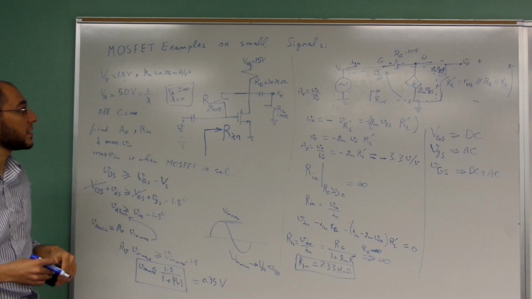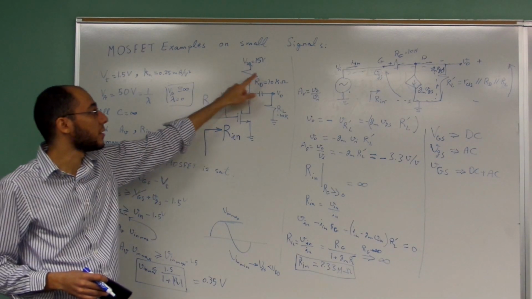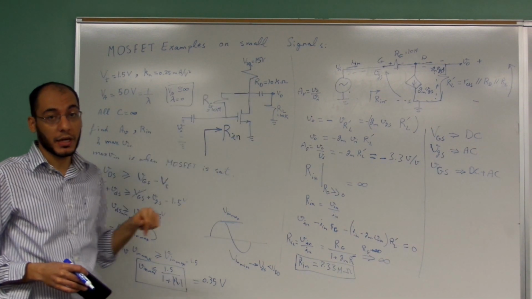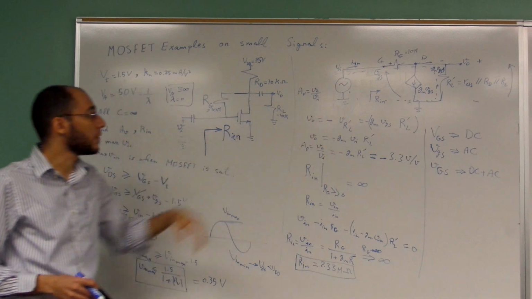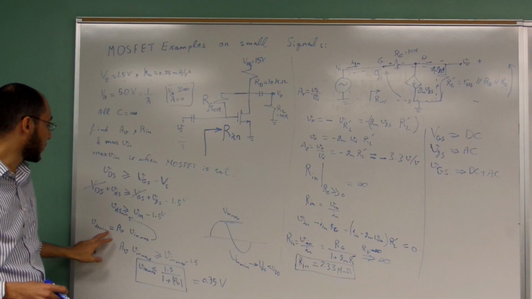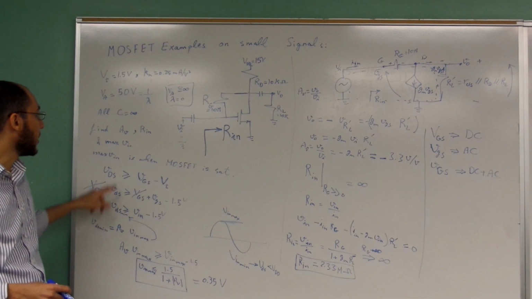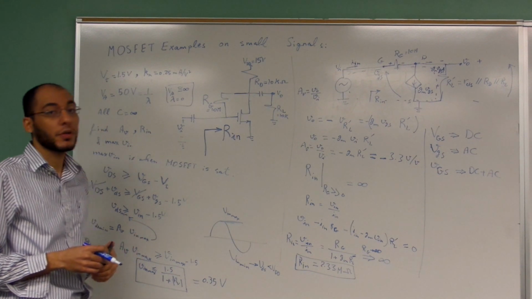And we have seen that in order to solve this problem, you need to first do the DC analysis, then the AC analysis, and then finally you need to solve for the AC and DC together if you were to find the maximum input voltage. Okay? If you have any questions, please let me know.